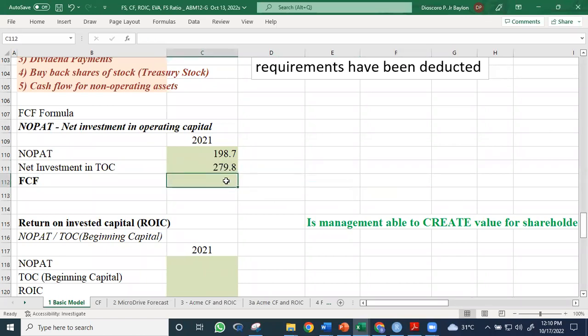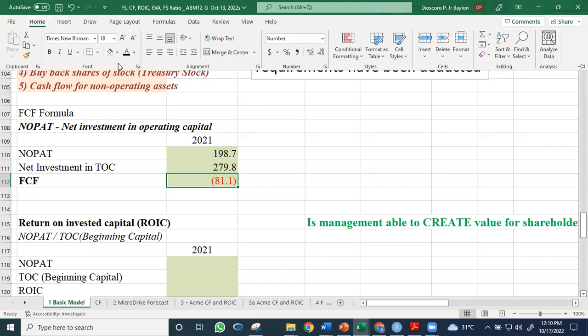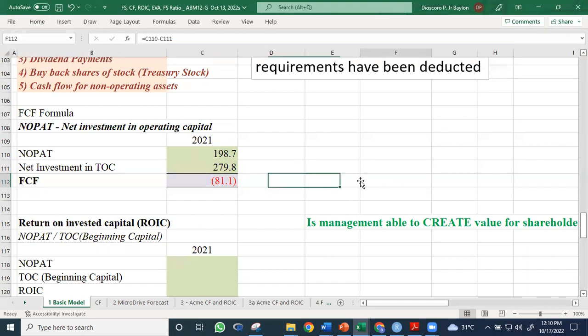Therefore, yung matitira dyan, this is equal to this minus this. Alright, sige, check na muna yung work nyo, class, kung tama ba. I'm getting a negative free cash flow, no? 81.1.